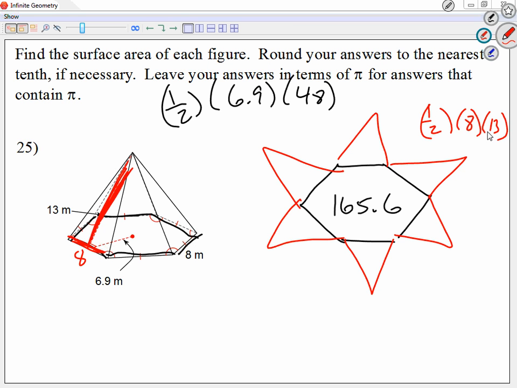Multiply the two numbers that cross the 90 degrees, and don't forget the half of it. That should be 52. So each triangle is 52. Then just add everything. Add everything and you're done.